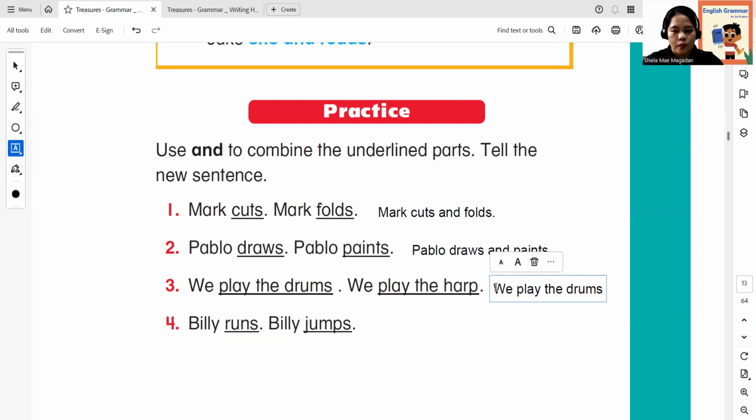Drums. What is the word to combine here? Okay, correct. And what instrument? Another instrument? Harp and period. So we have done a great job. We play the drums and harp. All right, can you read it?